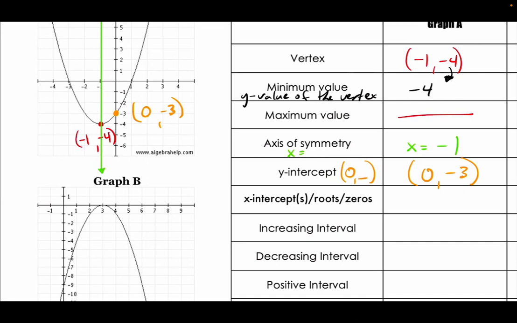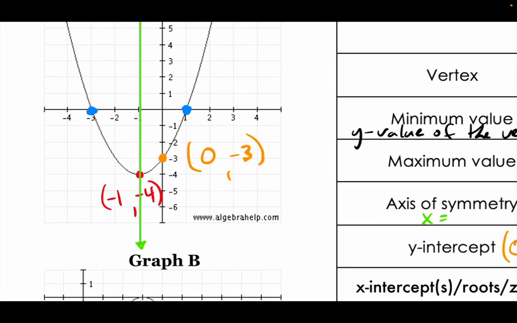Okay, so where are the roots? Where does it cross or touch the x-axis? 2 spots. One is here, and one is here. Okay, so give me directions on those 2. Again, I can't just say -3 because there's also a -3 here.